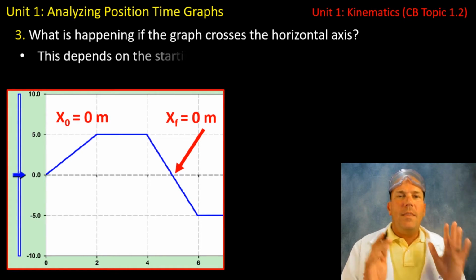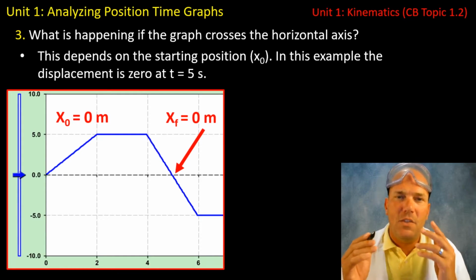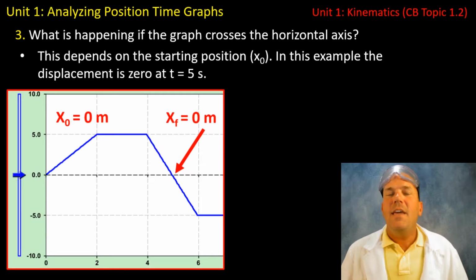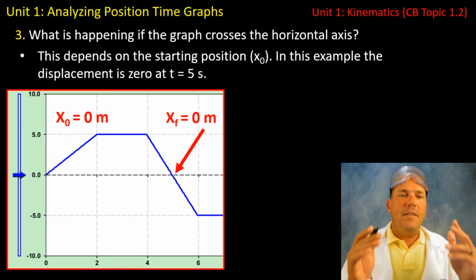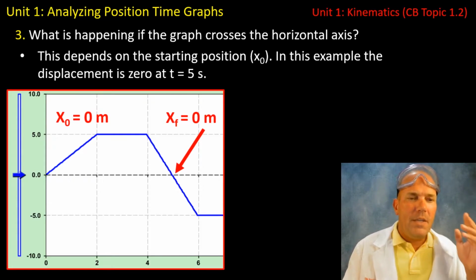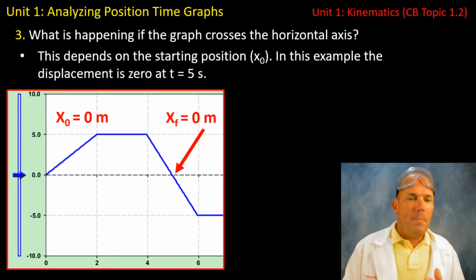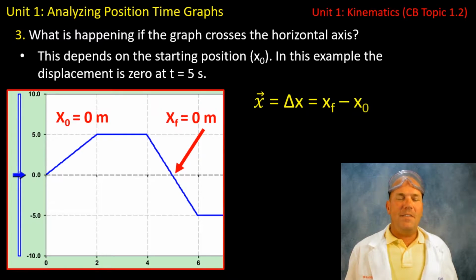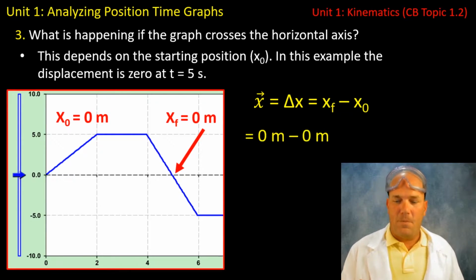So this is going to really depend on the starting position of the object, or x naught. In this example here, if we look at the displacement between x naught being at 0 meters and x final being also at 0 meters, it's very obvious that our change in position is 0.